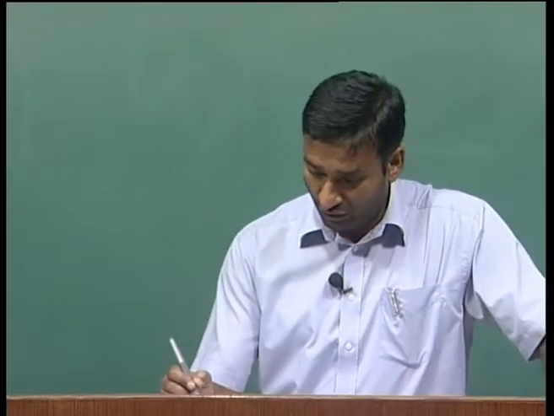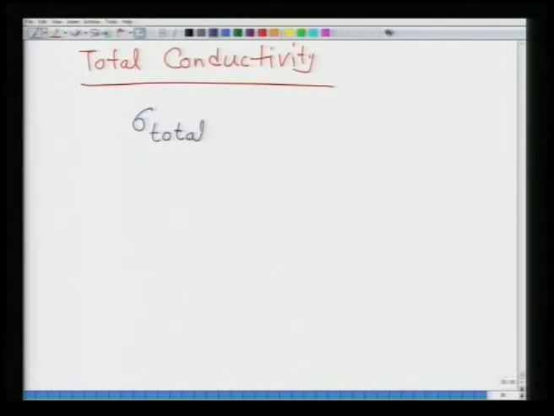So, the total conductivity, sigma total, will be basically sigma ionic, whatever ionic species are present, and sigma electronic, and this will be nothing but equal to the sum of sigma_i for the various species.